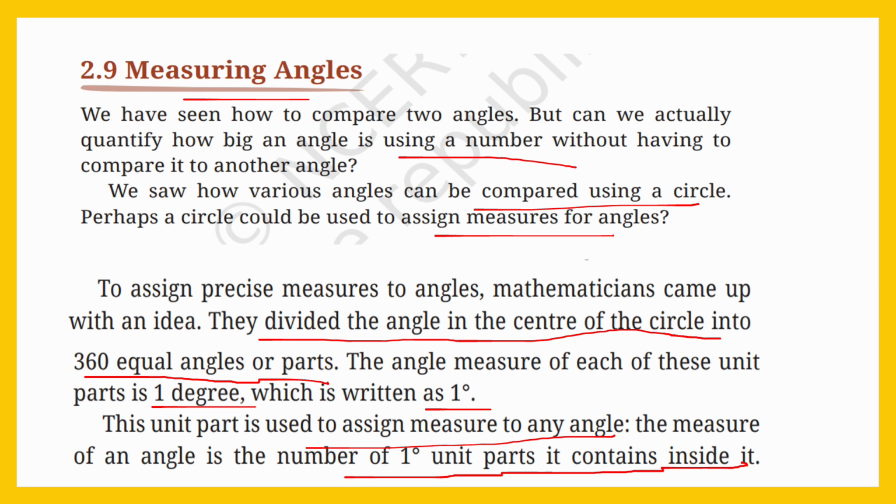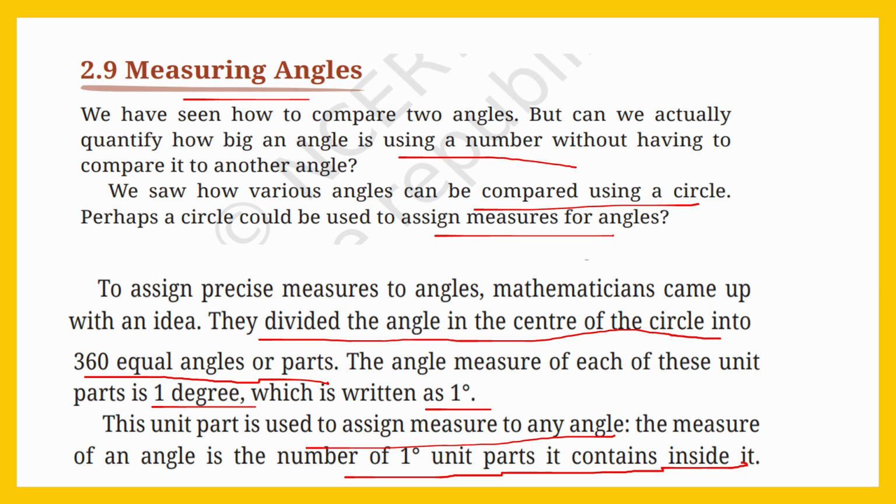So the scientists, they divided the angle in the center of the circle into 360 equal parts. So 1 unit will be 1 degree. So they divided the circle into 360 equal angles or equal parts. So each angle measures 1 degree.